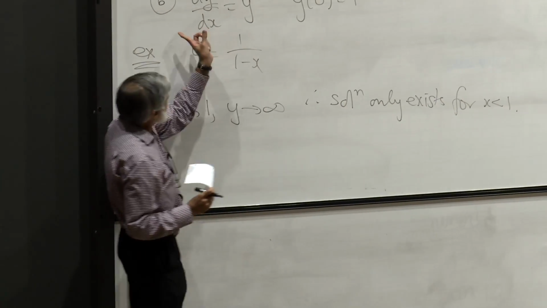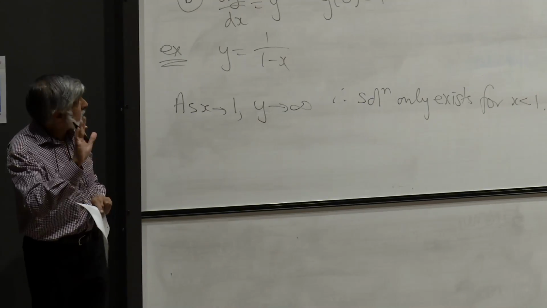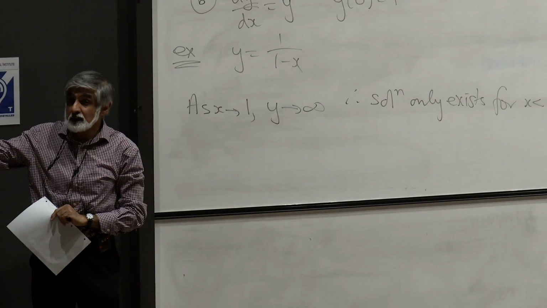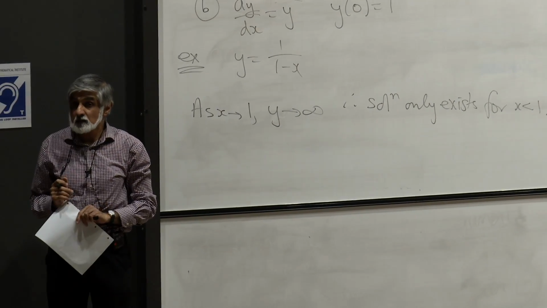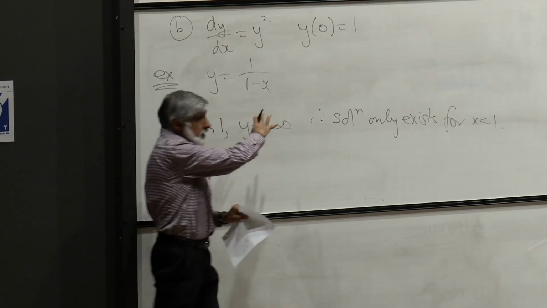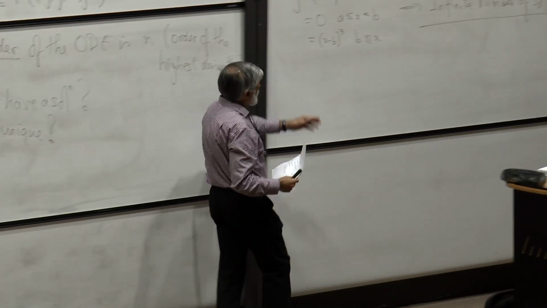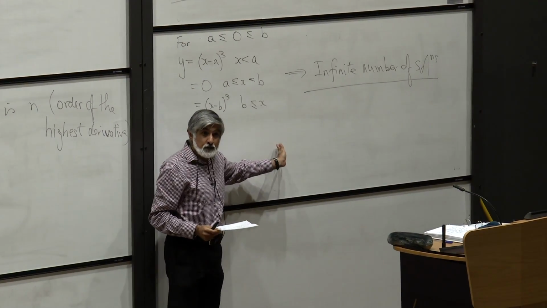So if you were to try to solve this problem on a domain that included x equals 1, it doesn't have any solution. So here's an example where there's no solution, and here's an example where there are an infinite number of solutions.